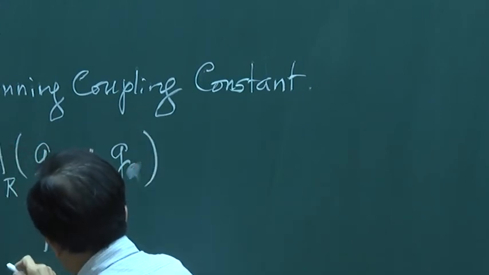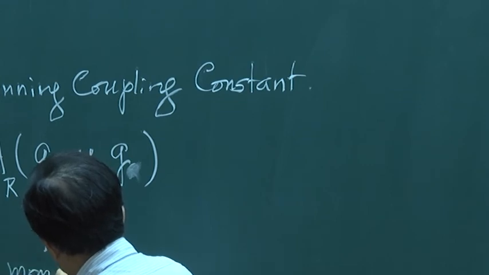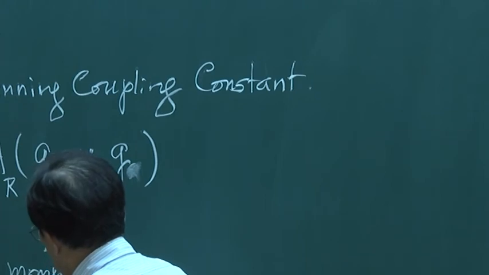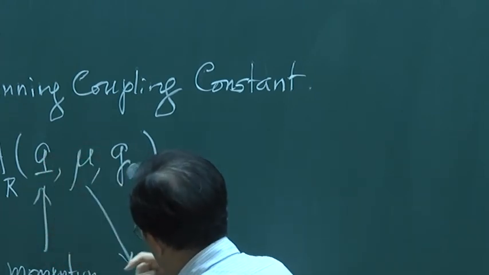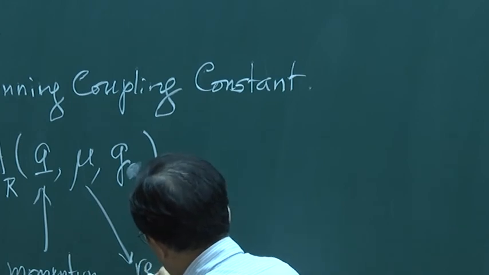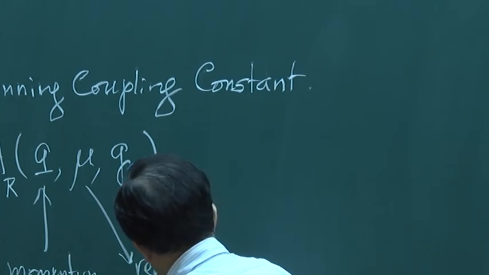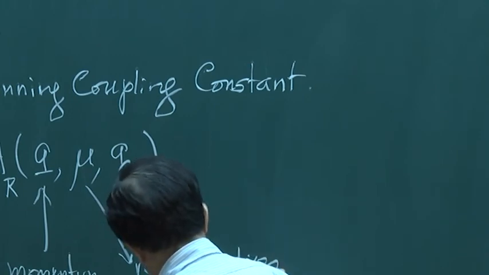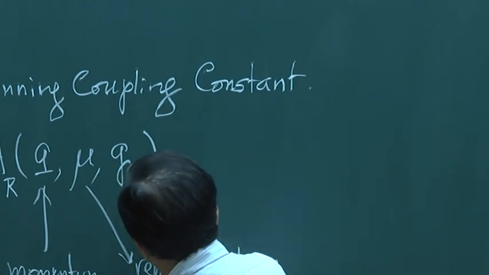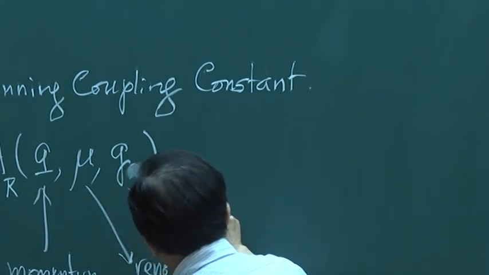This is the momentum of the experiment or something. And this mu is called the renormalization point or scale. Let's call it the renormalization scale. And then G is the renormalized coupling constant.